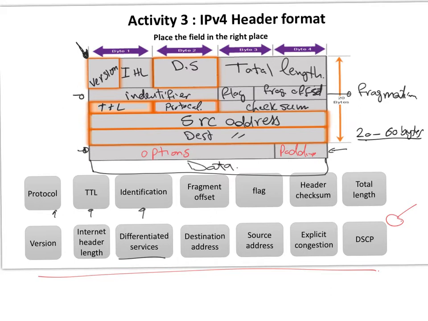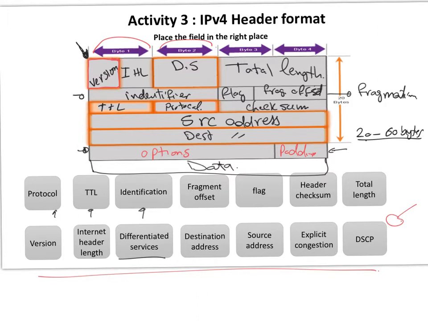The version field is how many bits? It's 4 bits. Okay, so it's half a byte or 4 bits. This is 1 byte, and this is 1 byte, and so on. So each row is actually 4 bytes or 32 bits. So the version field is 4 bits, which can take any value from 4 zeros all the way to 4 ones.